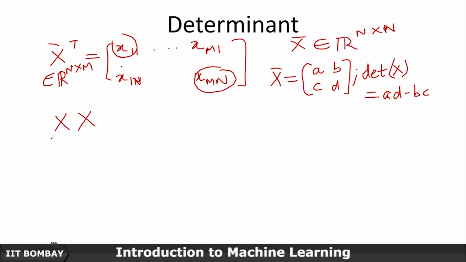So let's say I have the matrix X which belongs to R to the power n cross n, then we will define another matrix which is also having the same dimension n cross n, and their multiplication would be the identity matrix in n cross n dimension again. So basically the diagonal elements are all 1 and all the other elements are 0.